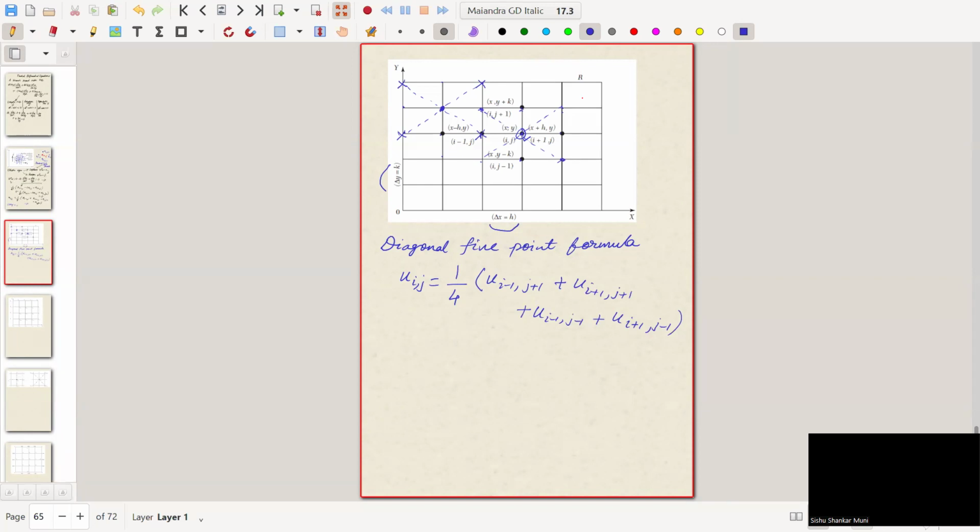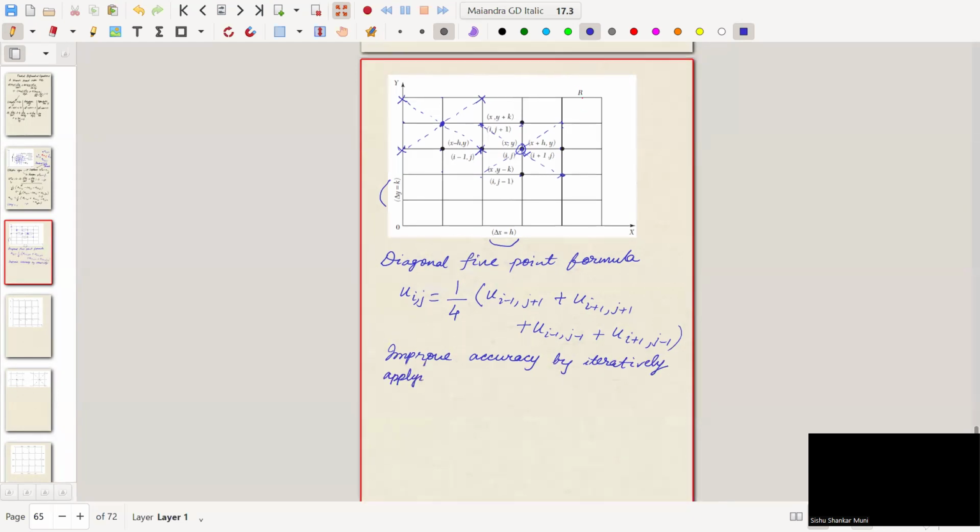As I told you, after you obtain these initial values of u through either the standard 5-point formula or the diagonal 5-point formula, you can improve their accuracy by iteratively applying two methods. One is known as Jacobi's method.